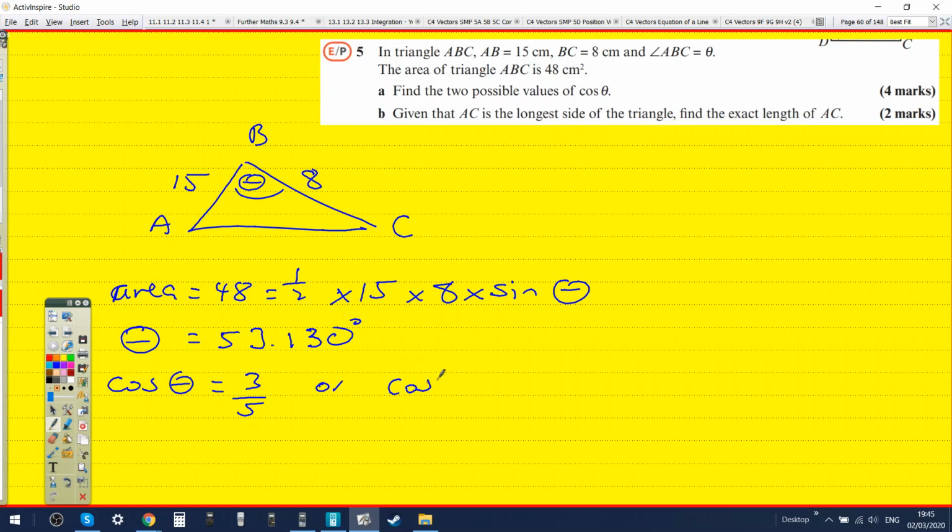How do we get the second answer? Is that just by doing 180 minus 3/5? 180 minus is for sine. You could press up and retrieve the answer if you have it, or you could do inverse cos 3/5 to get it back again.